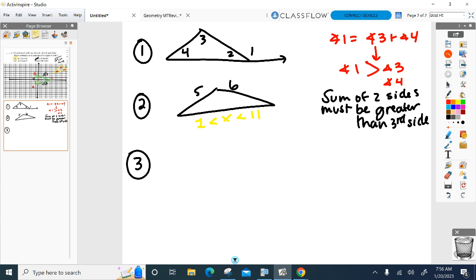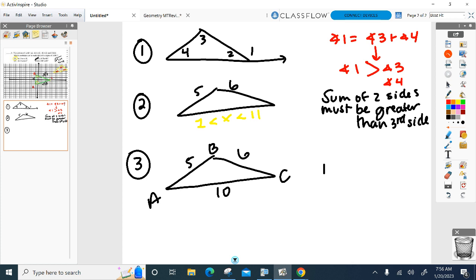And the final theorem, let me put that triangle back up now. 5, 6, and I'll pick 10 now for the third side. Can you tell me how the angles rank? And how do you know? Like the biggest angle, the smallest angle, can you tell just from those three sides? Okay, what is it?